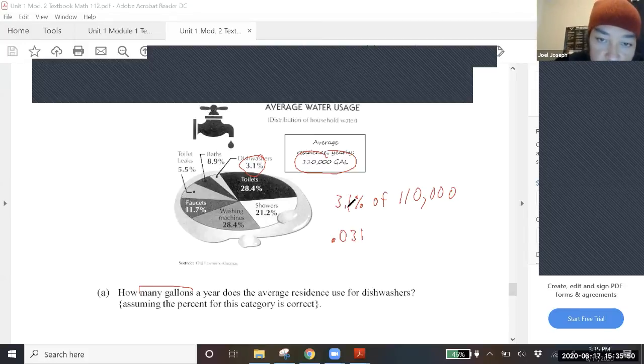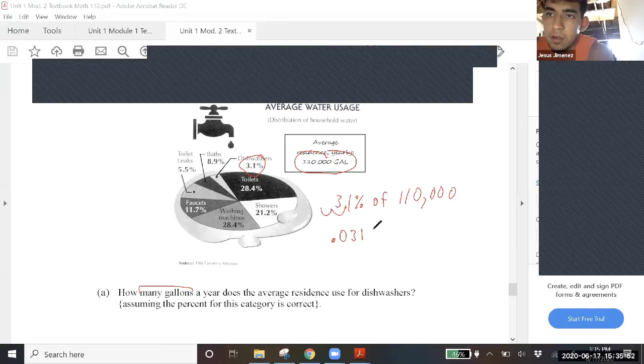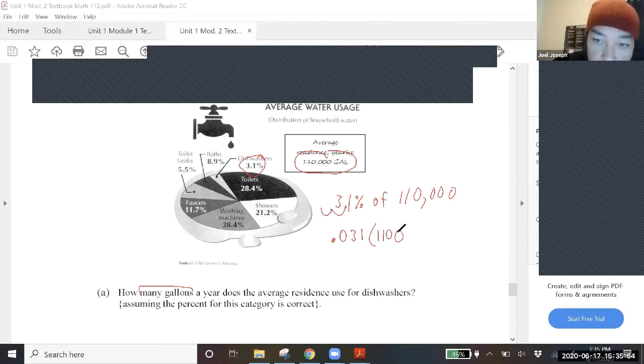Shifting it twice. Like that. And multiplying by 110,000. That's 0.031 times 110,000. And I got 3,410 gallons.